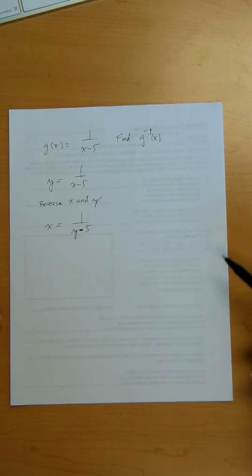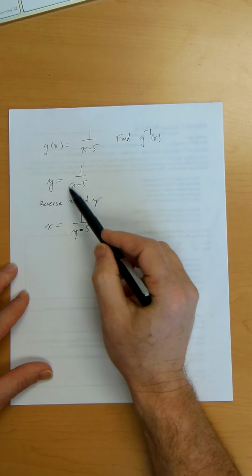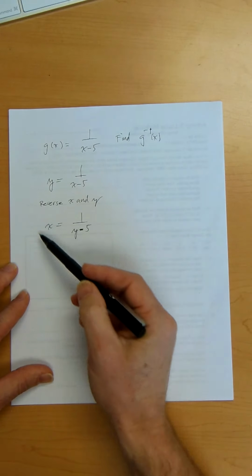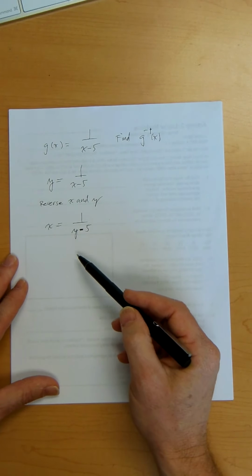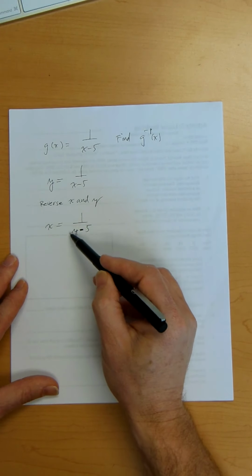That's the inverse step, right? Inverses just reverse the role of input and output. So if you write y as x and every x you see in the formula as a y, basically here you have an equation of the inverse. And the hard work is just writing this more like a function formula. To do that I have to solve for y.